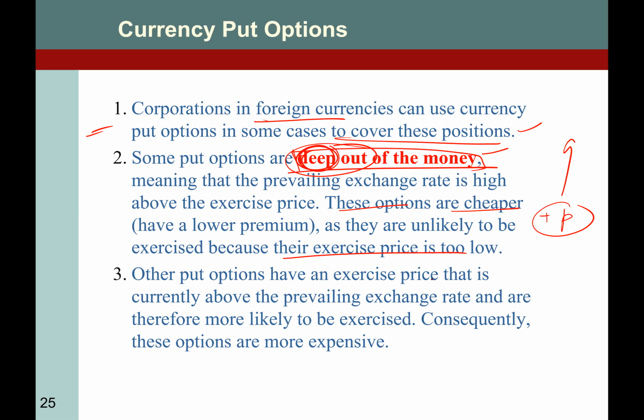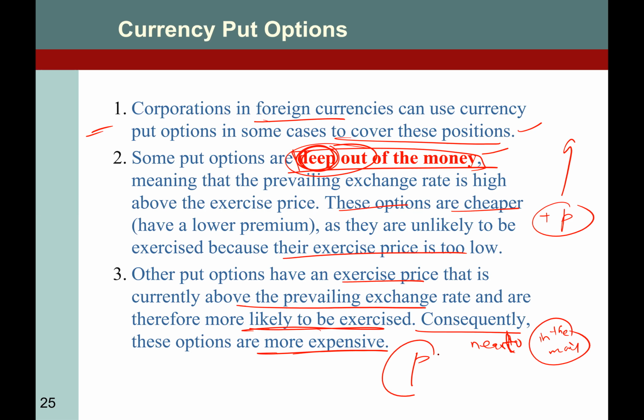Other put options have an exercise price that is currently above the prevailing exchange rates and are therefore most likely to be exercised. So consequently, these options are more expensive. What they are trying to say is that if the option is near to in the money, or it is right now at the money, but the future is that the price is going to decrease, it becomes in the money, the premium will be higher.